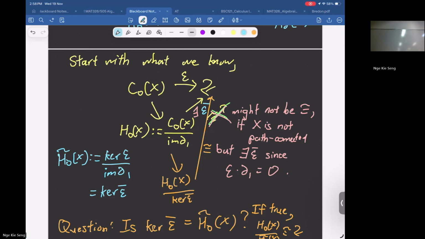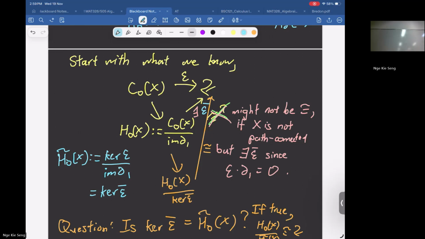What is it? Okay, so kernel of epsilon bar. So what's the kernel of epsilon bar? Where does epsilon bar come from? Epsilon bar comes from epsilon. Anything sent to 0 by epsilon, epsilon bar definitely has to send to 0.